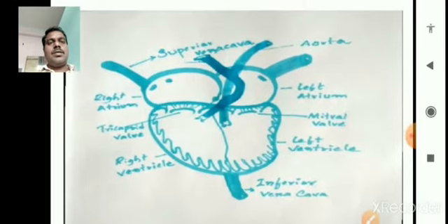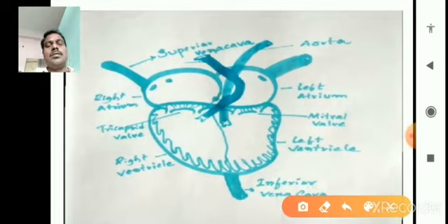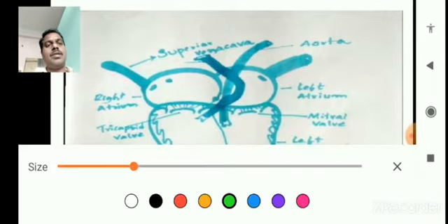Here the inferior vena cava and superior vena cava collect the blood from the different organs. That blood is deoxygenated blood.